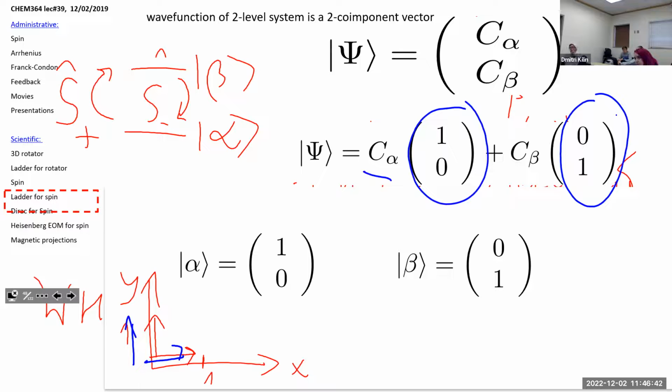So if you want to represent two orthogonal basis vectors, it is a good idea to use 1, 0 and 0, 1. Right? If we practice the scalar product, if we multiply them, row by column, you get 0. That's the mathematical orthogonality. So those two basis vectors are good representations for down and up spins.